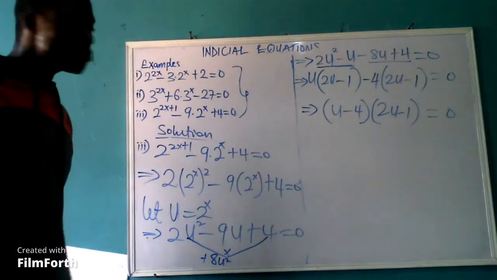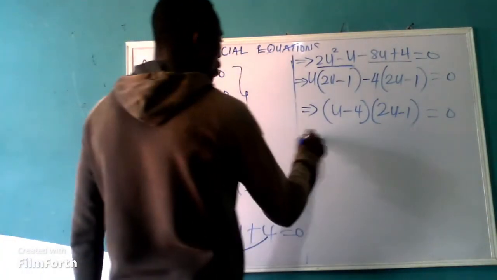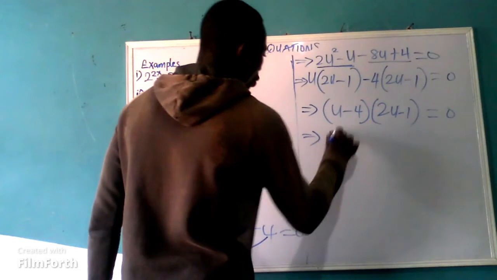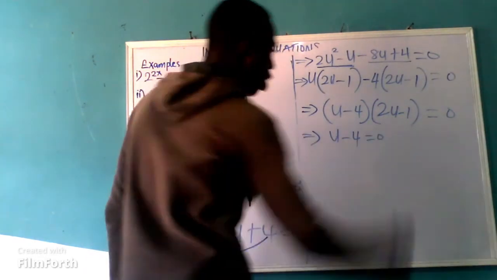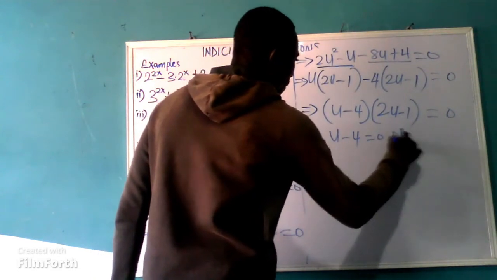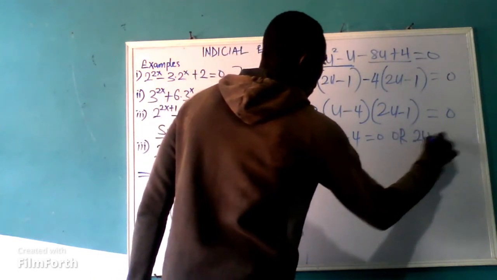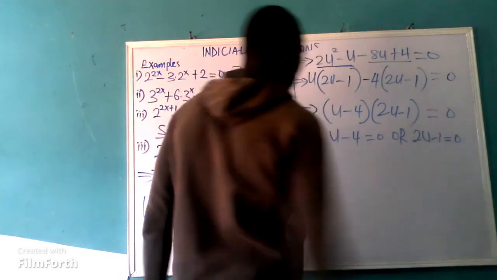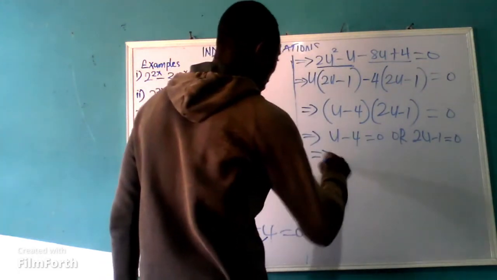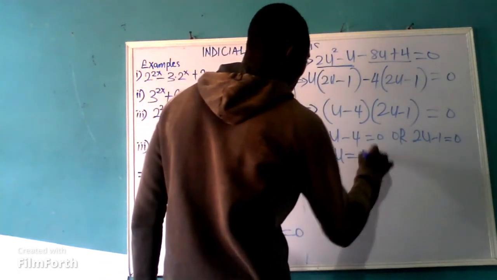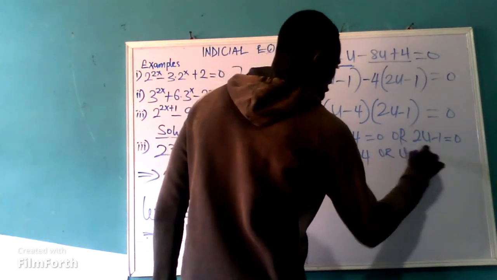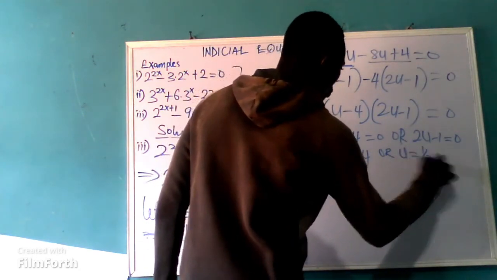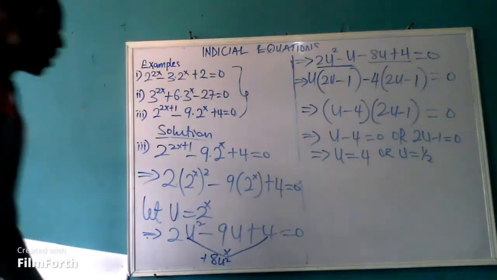So that this will imply that u minus 4 equal to 0, or 2u minus 1 equal to 0. And this implies that u equal to 4, or u equal to 1 over 2. But don't forget, we are not looking for u.